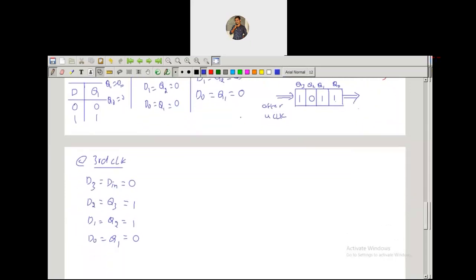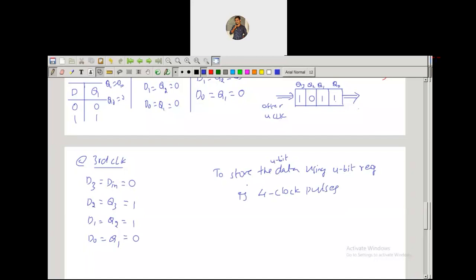So here the conclusion point: to store the data using a 4-bit register is 4 clock pulses. To store the 4-bit data using a 4-bit register, we need 4 clock pulses.